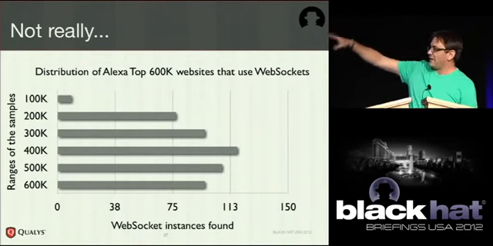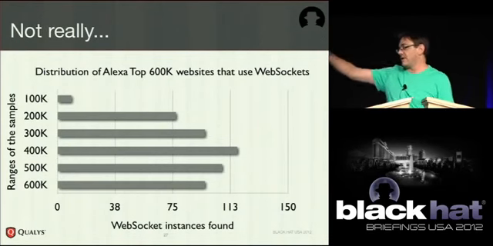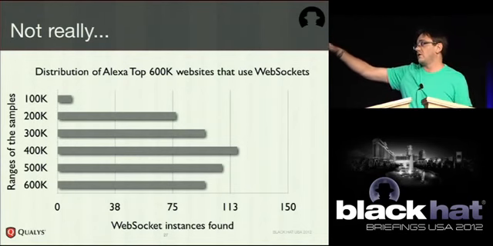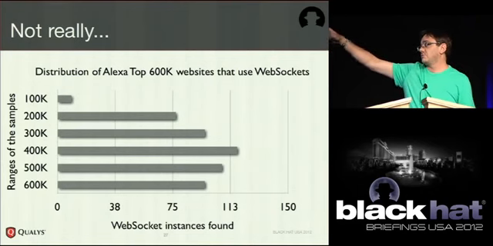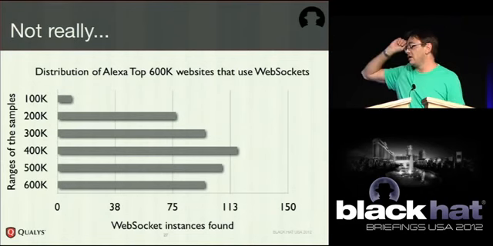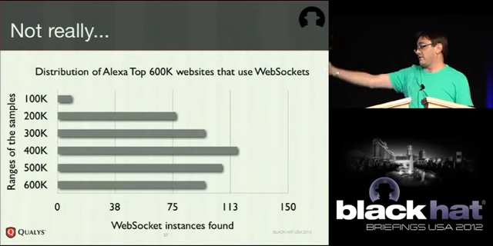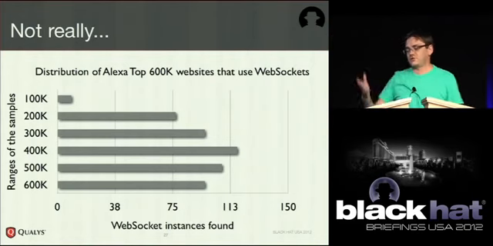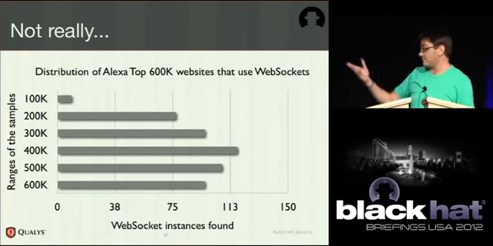The numbers on the left range from 0 to 10,000, 100,000. In the Alexa top 600,000 list, as you can see, it's around 10, I think. Only 10 web applications are using WebSockets on their landing page.